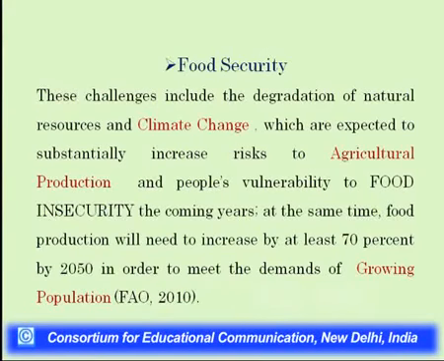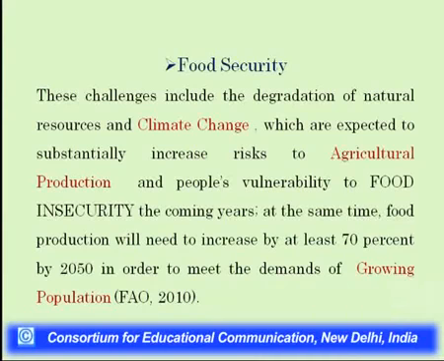climate change, which is expected to increase risk to the agricultural production and people's vulnerability to food insecurity, that is, in the coming years, reduction of food due to global warming, reduction of per hectare production of the yield of the crops, global warming leading to the mass scale degradation of the biological resources in the ocean.